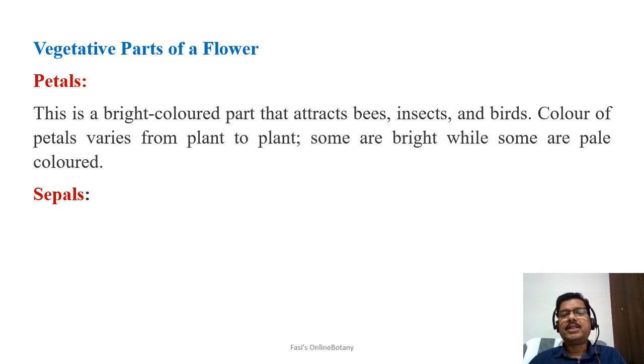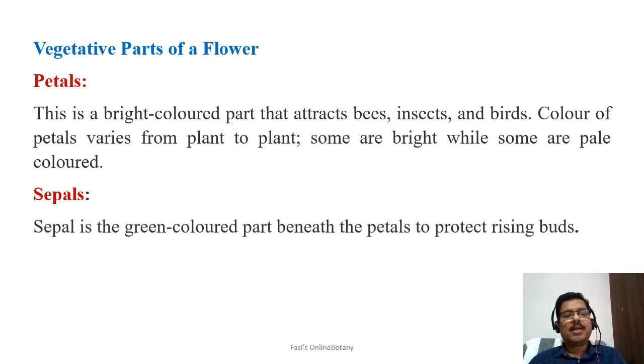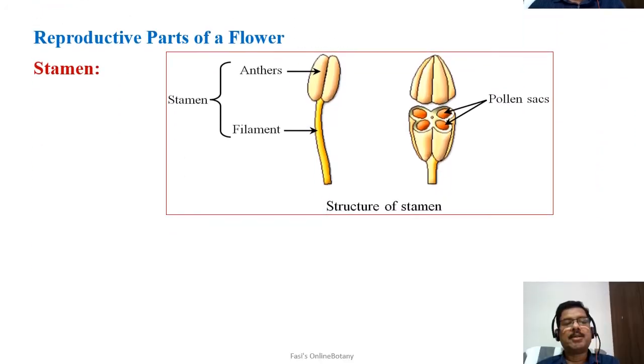Some are bright while some are pale colored. Thus, petals help to differentiate one flower from another. Sepal is the green colored part beneath the petals to protect rising buds. Some flowers have fused petals and sepals, while a few have separated petals and sepals.